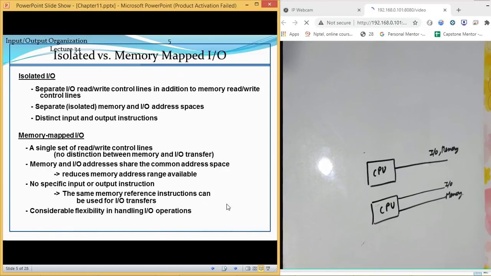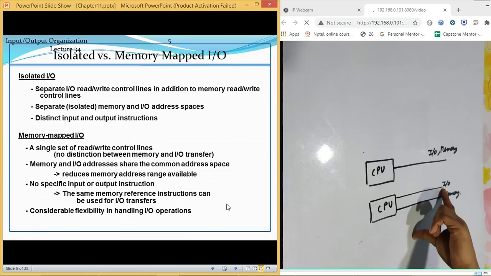The next is isolated input output and memory mapped input output. So this is something a little bit different from this. In isolated input output, separate input output read and write control lines in addition to memory read and write control lines are there. What does it mean?